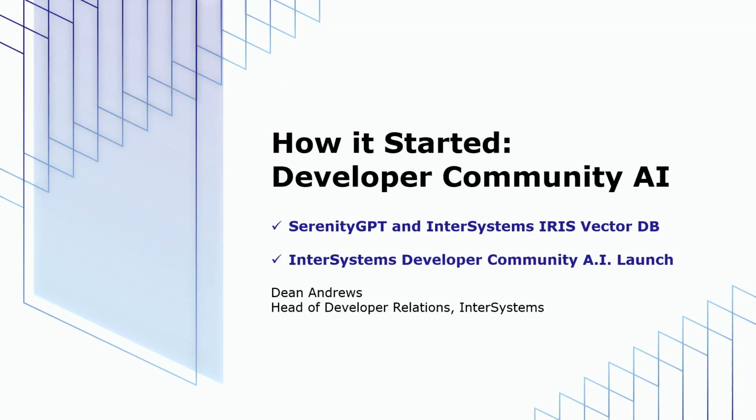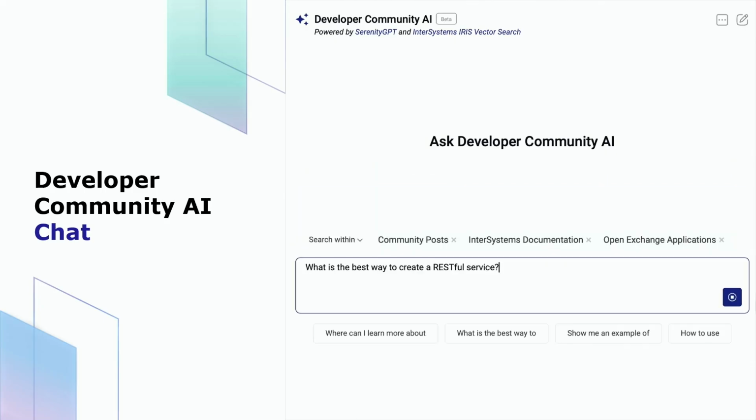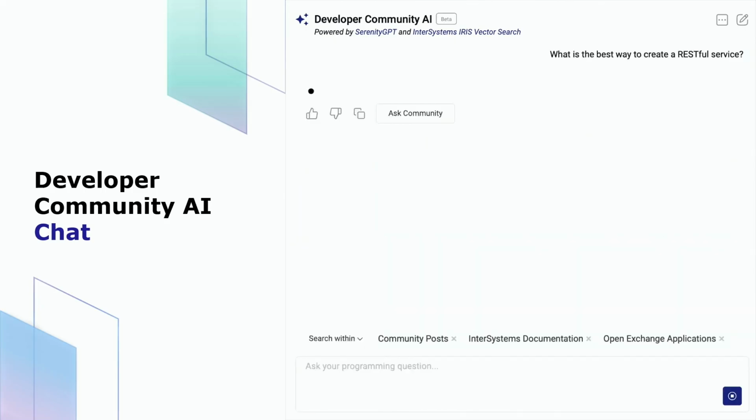So first, we'll talk about the very first project we did with SerenityGPT, and it was in the InterSystems developer community, which my team runs. This is just to give you a look at what this is. The first thing we did with them is a chatbot inside the InterSystems developer community.